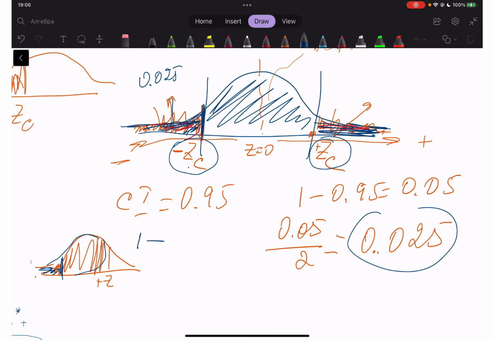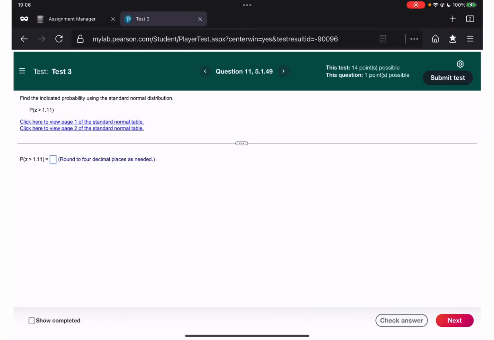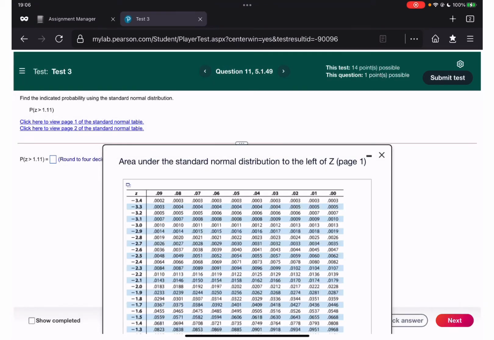Okay, so let's work on it. We need to use the Z-score table. For that reason, I prepared here the previous homework. It's question number 11, where they have this table. I'm going to take the negative Z-score, right?